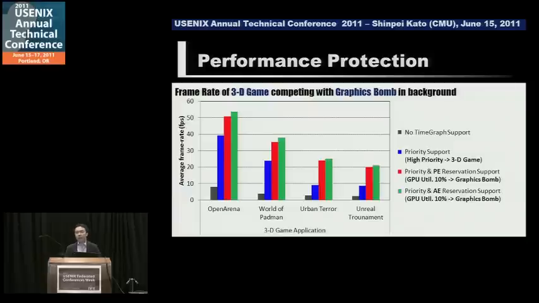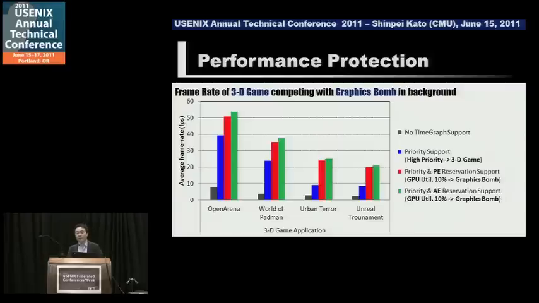Furthermore, by limiting the GPU resource usage of the background graphics bomb to 10% through the GPU reservation functions of TimeGraph, you can see that the frame rates of 3D games are more successfully protected from performance interference.